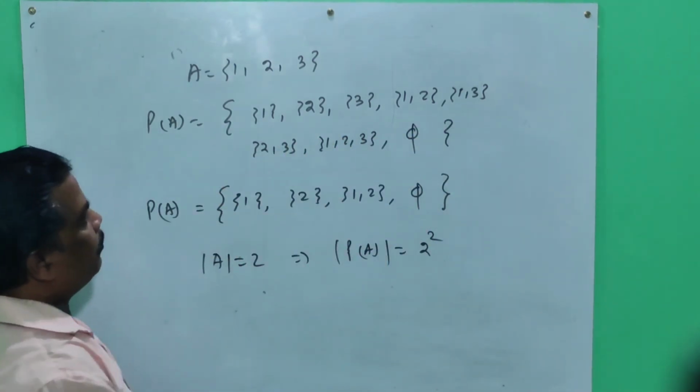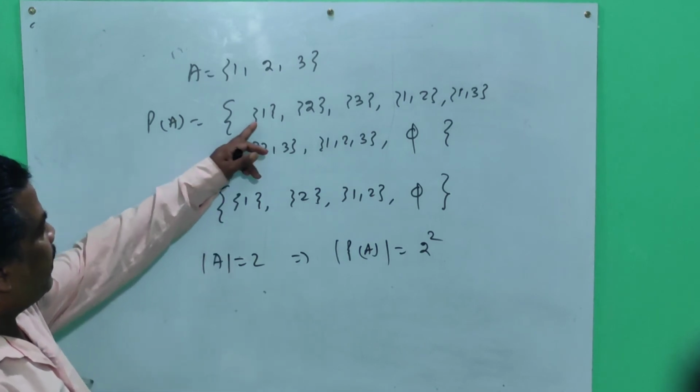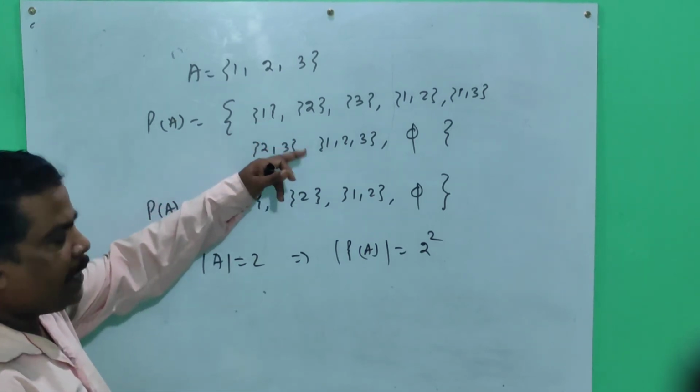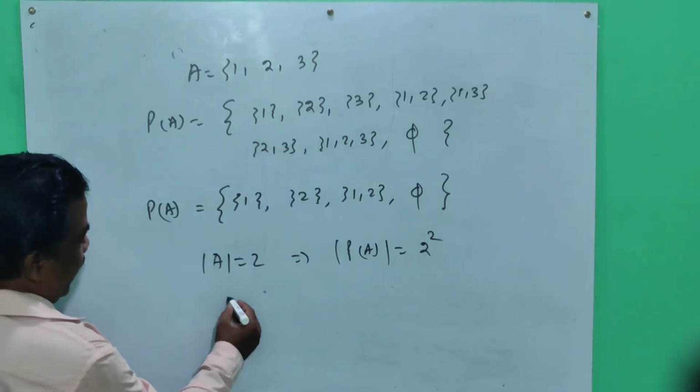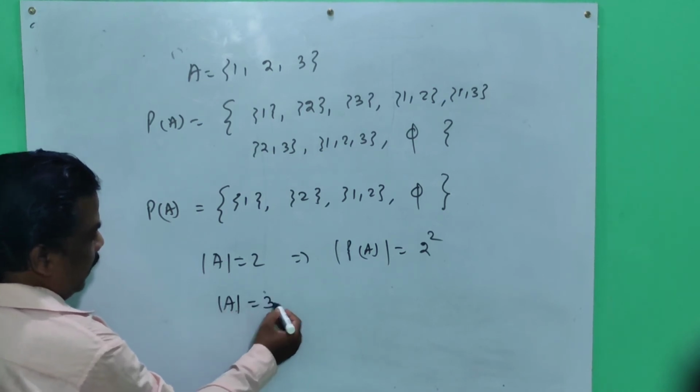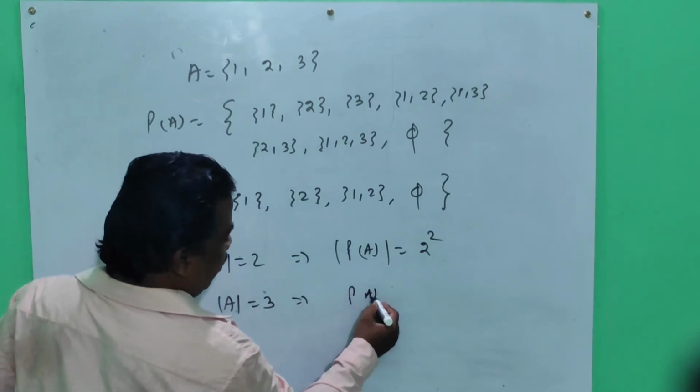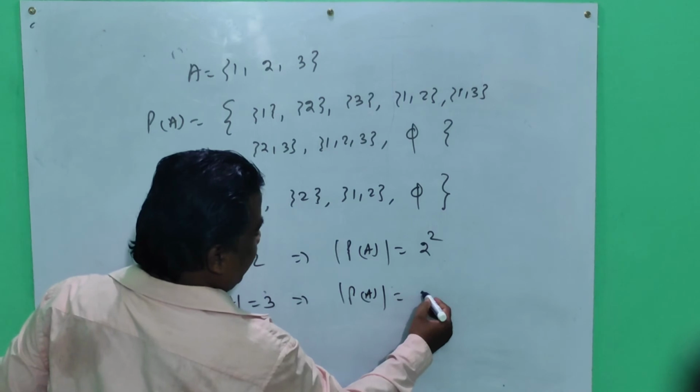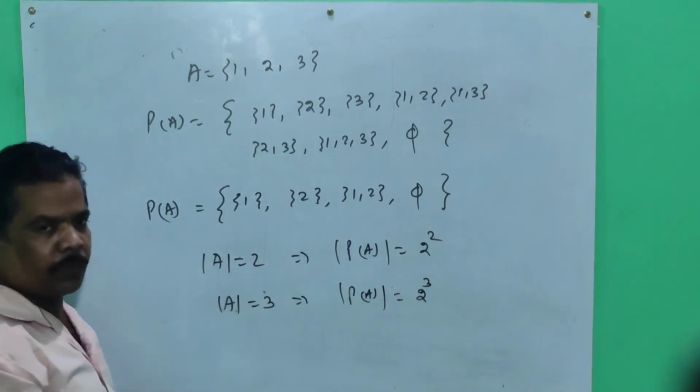Now we find the power set contains 8 elements. If the cardinal number of A is equal to 3, then the cardinal number of the power set is equal to 8, that is 2 to the power 3.